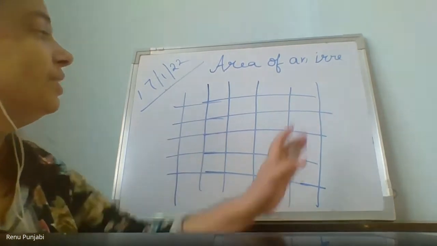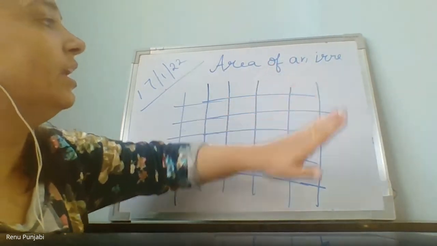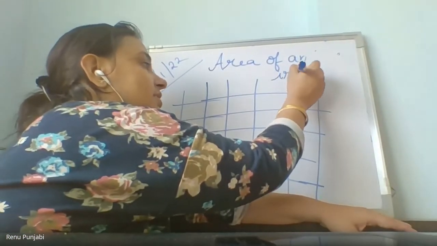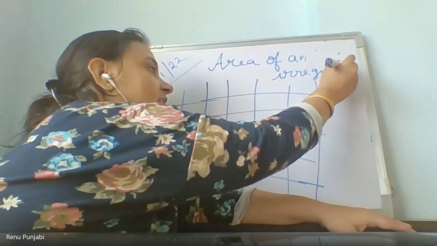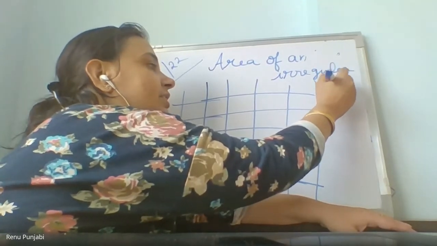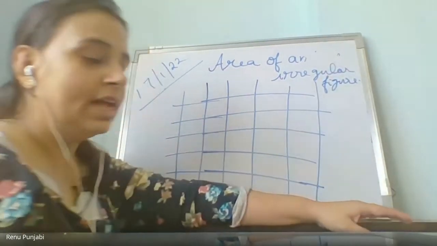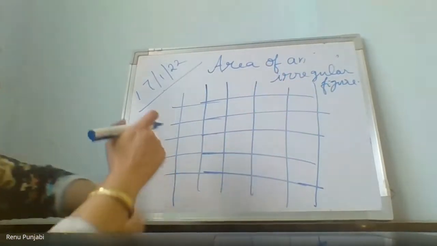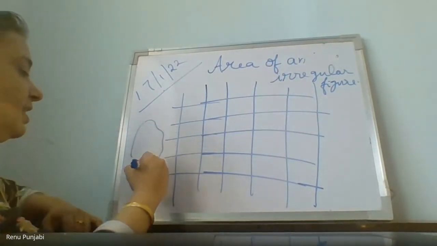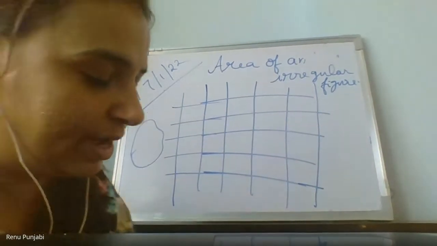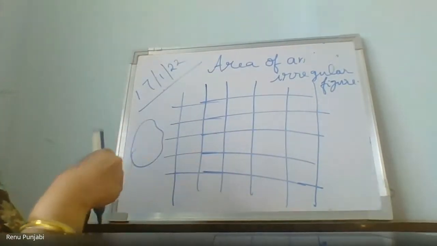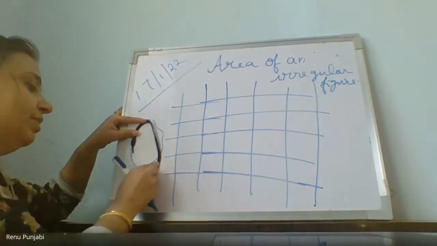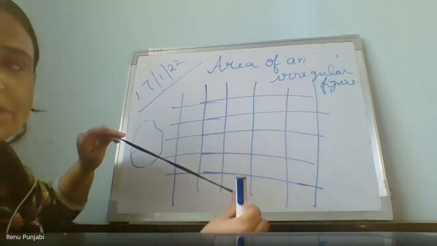So today we are going to learn the area of an irregular figure. You have learned how to find the perimeter of an irregular figure, as I drew it. You did that with the help of thread. We find the perimeter by following the outside boundary with thread, then measuring that thread on the scale.